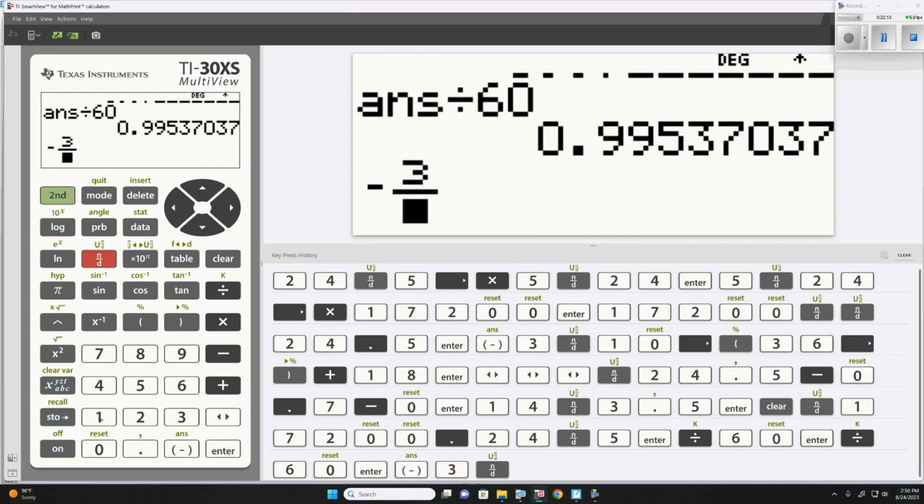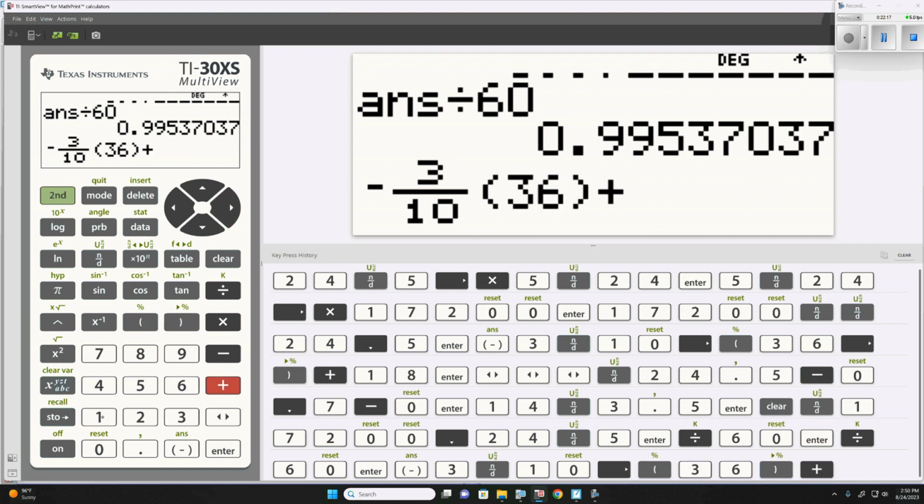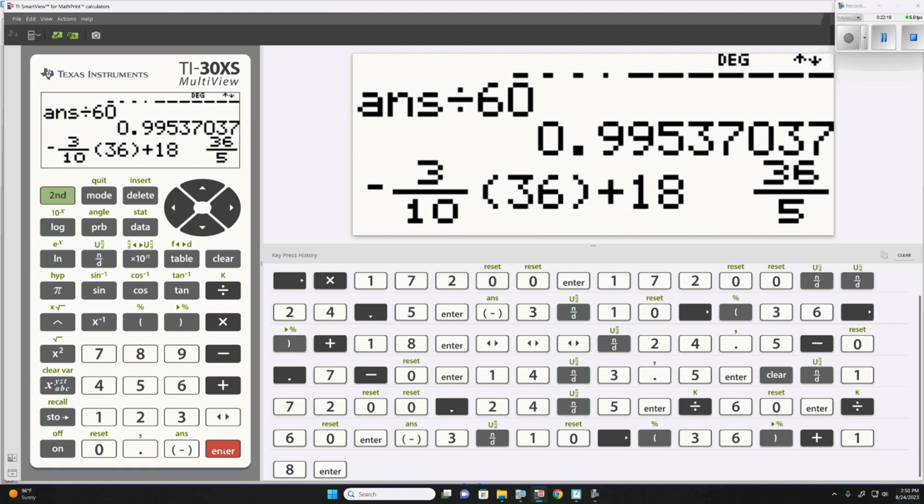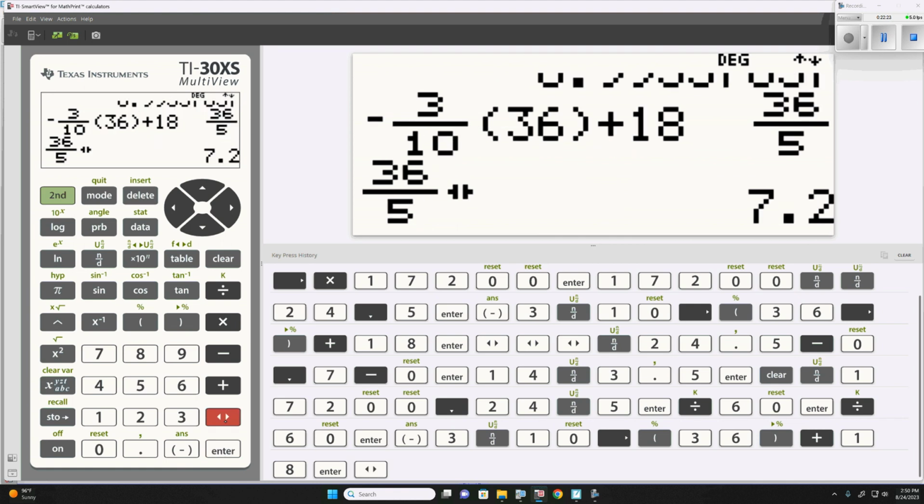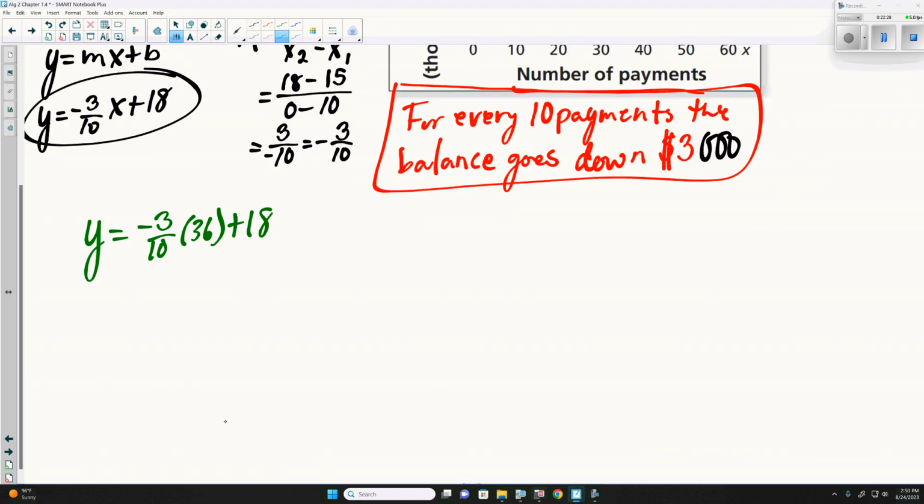Negative 3/10 times 36 plus 18 is, which is? Number of payments. So number of payments is 36.